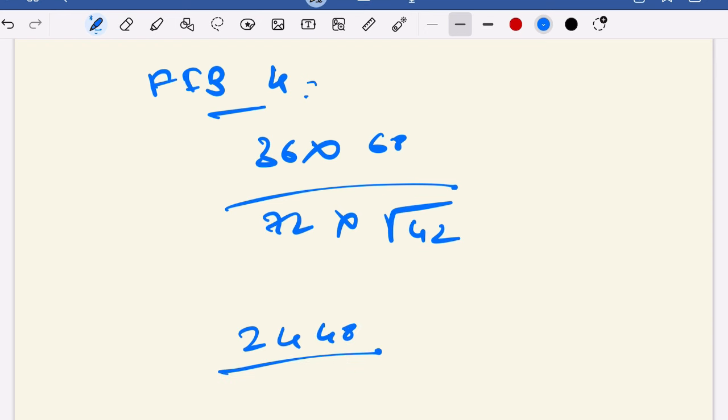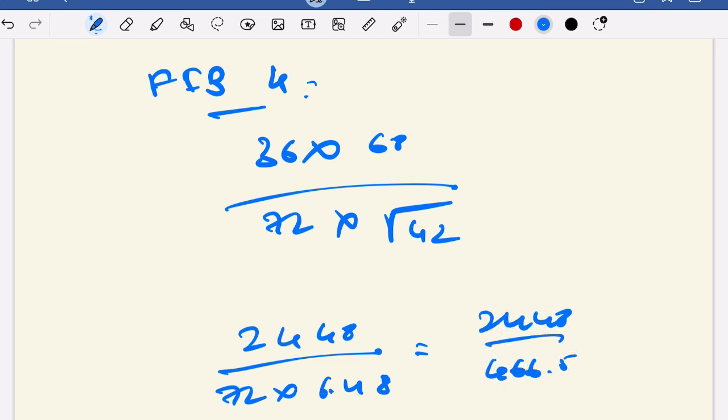is 2448, divided by 72 into root of 42. Root of 42 is 6.48. 6.48 into 72 is 466.5.